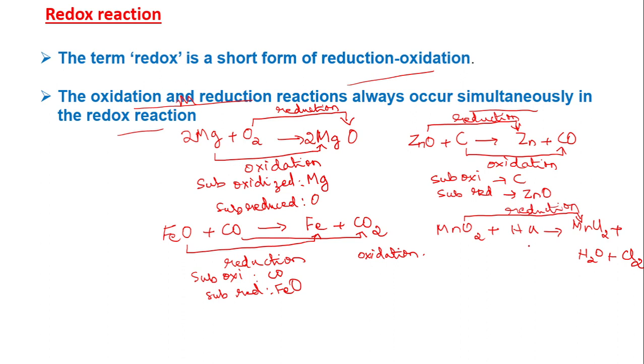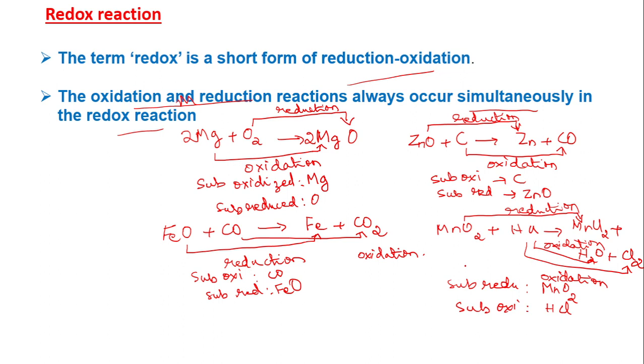And here from HCl, H is removed, removal of hydrogen, that is also called oxidation. Now oxygen is added, so it is an oxidation. So there are two reactions taking place simultaneously. It is a redox reaction. Which is the substance reduced? Substance reduced is MnO2. Substance oxidized is HCl.